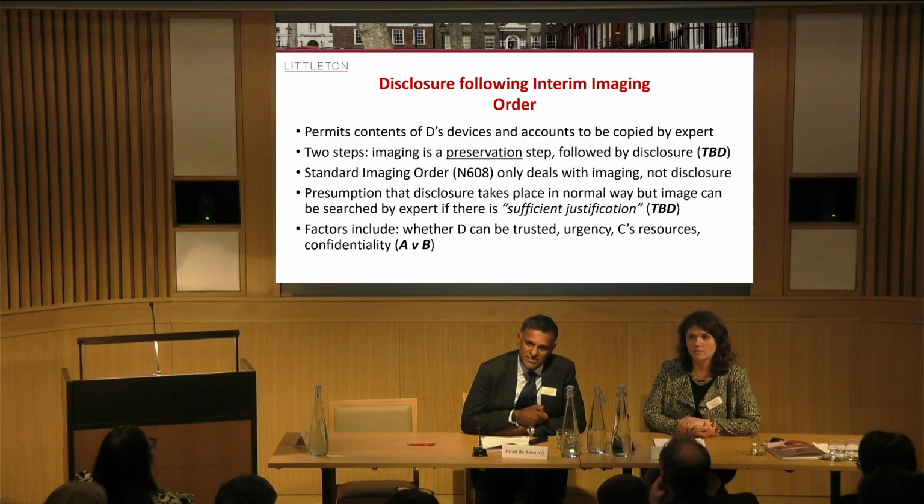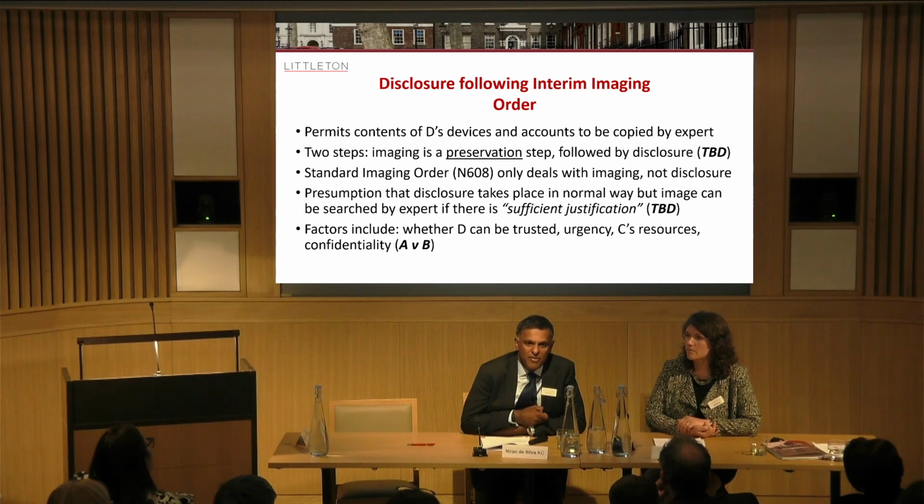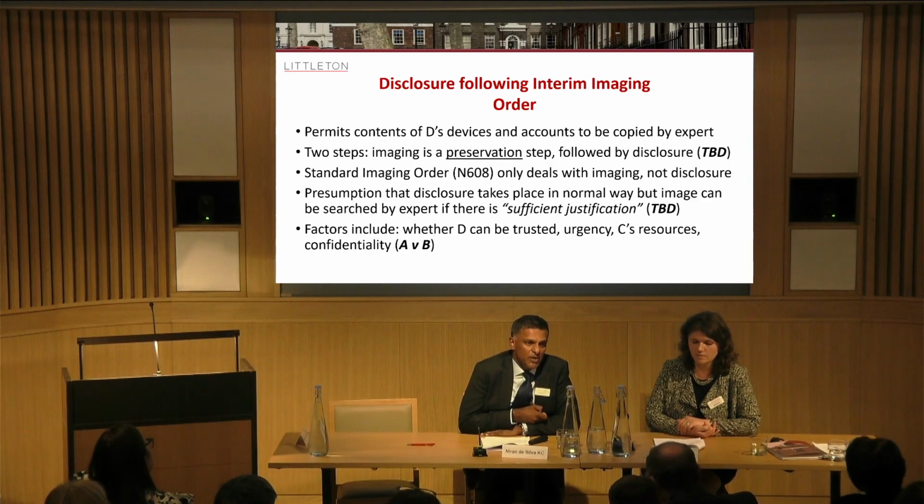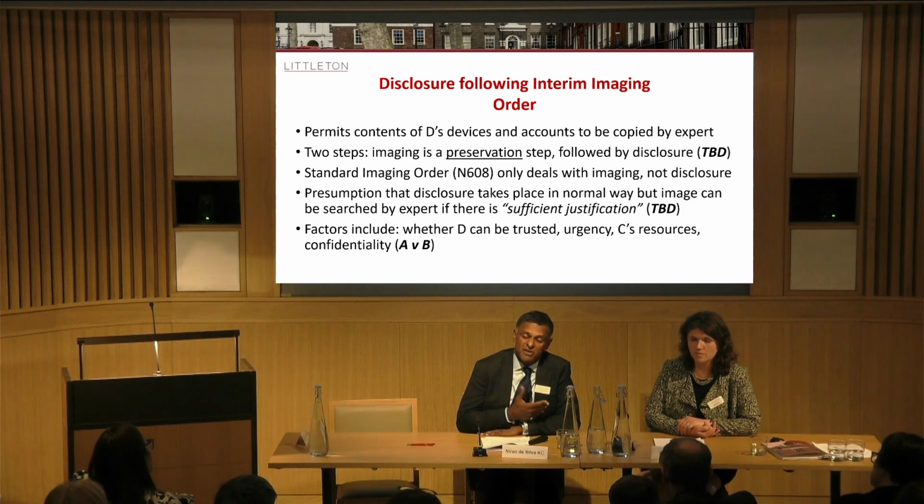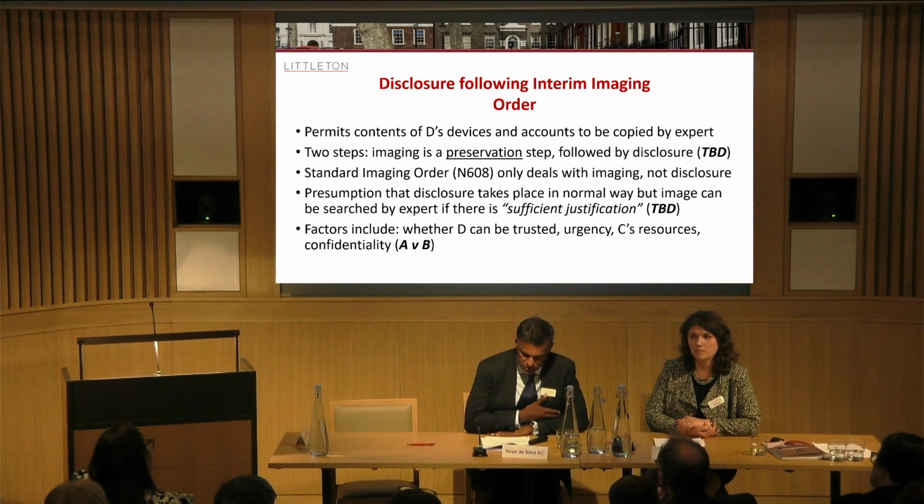Now, I think claimants at that stage, having got the interim imaging order, just think, as of right, that they, agreeing orders with the other side, can have a look at the contents of those images, and that they can do so at that time. And sometimes that's what a defendant will want. So, look, I've done nothing, let's have a look at the images.